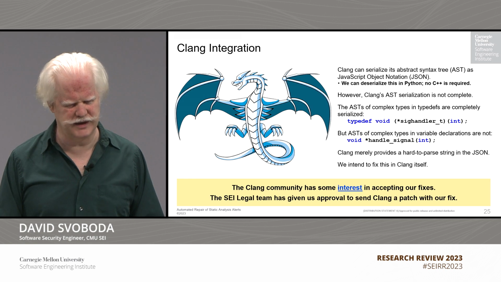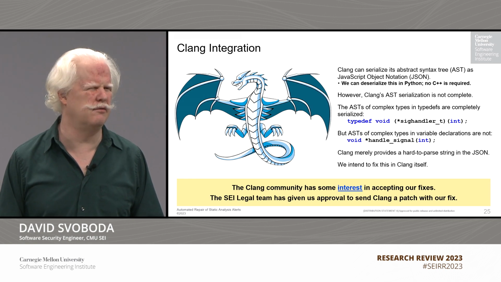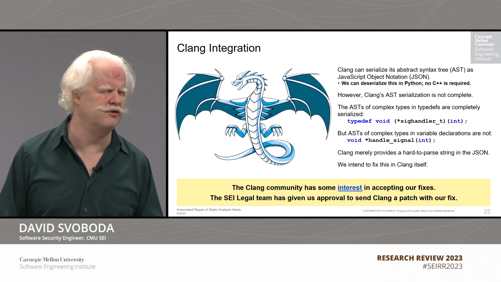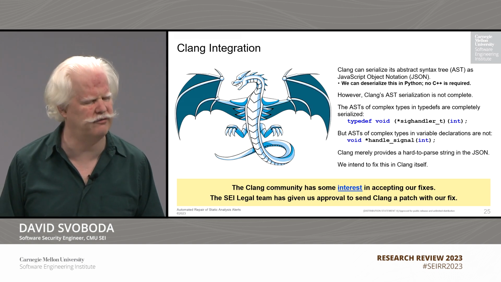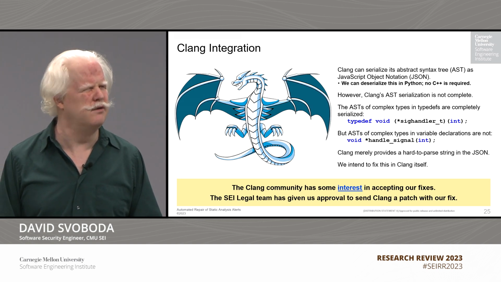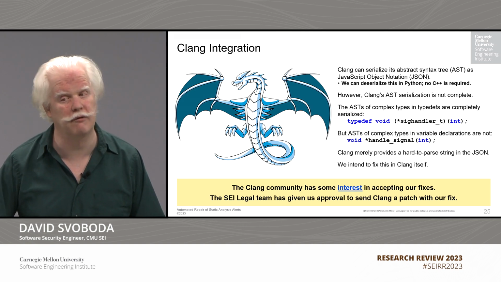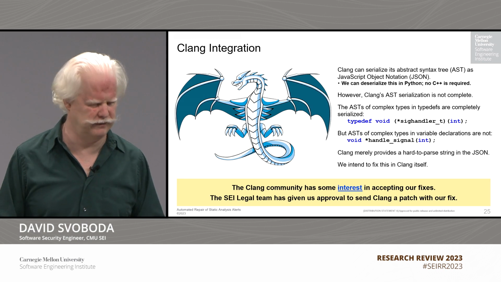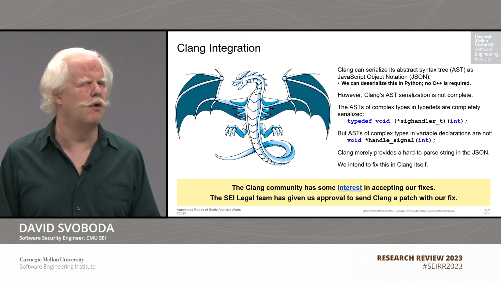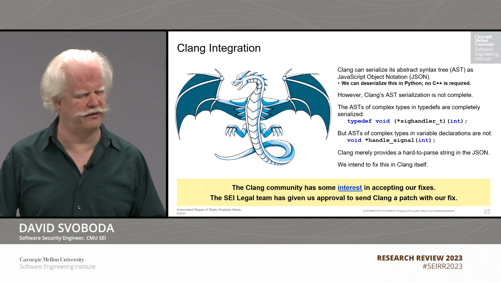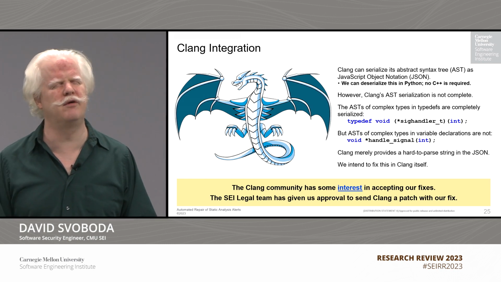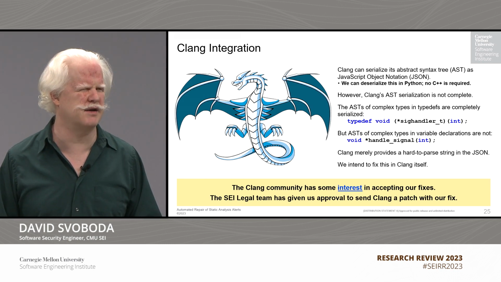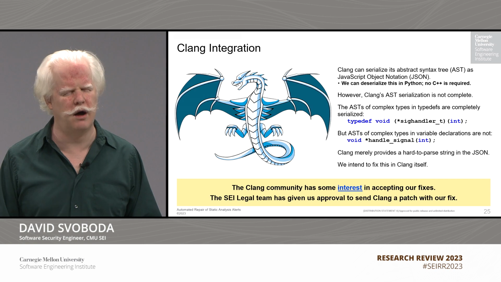A third thing is that, as I said, we are using Clang to analyze. So we're using Clang to generate the abstract syntax tree of code so that we can properly repair it. We're also using Clang Tidy as a static analysis tool, but that's irrelevant for this purpose. What we discovered is that Clang produces very nice, sophisticated ASTs most of the time, not all the time.